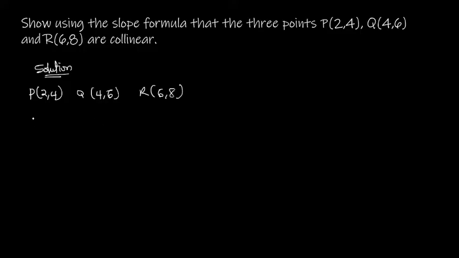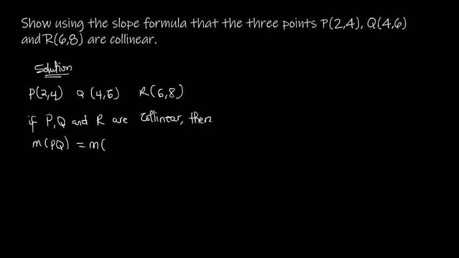Now if P, Q and R are collinear, then the gradient of P and Q should be equal to the gradient of Q and R, and it should be the same as the gradient of P and R. Let's go ahead and find the gradient of each of these.